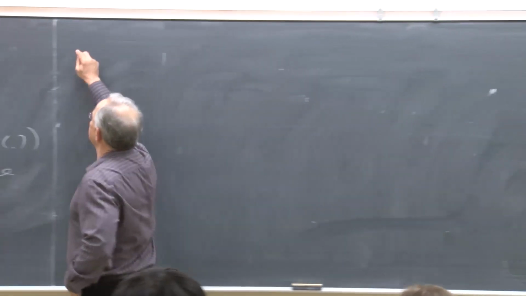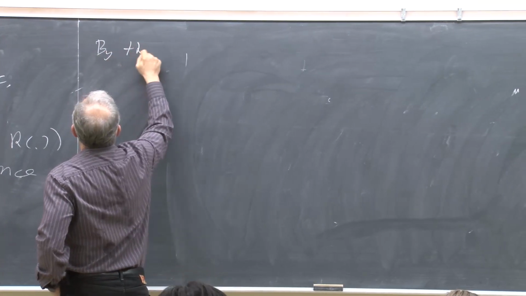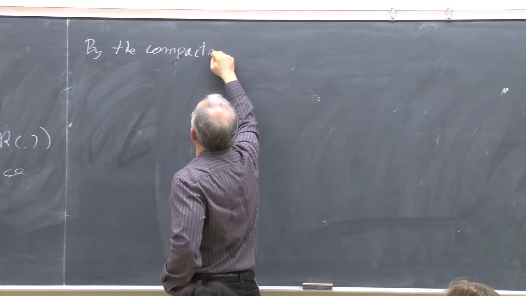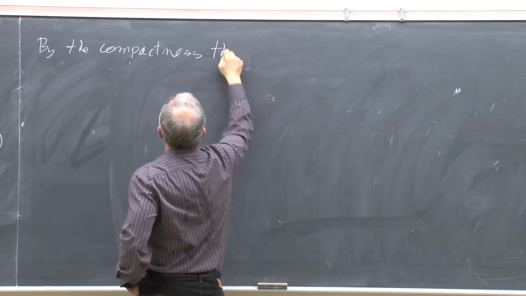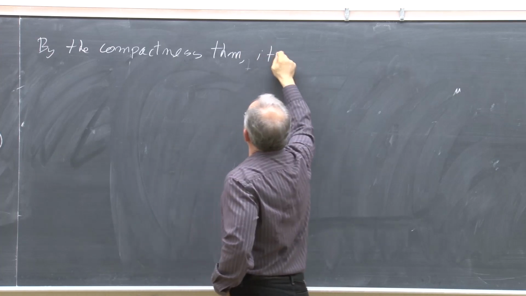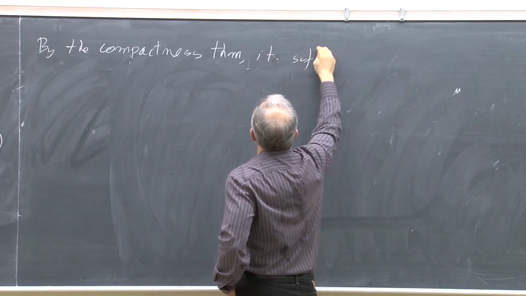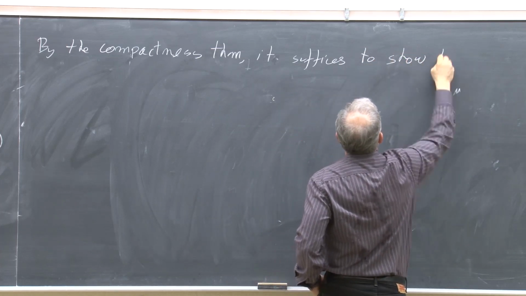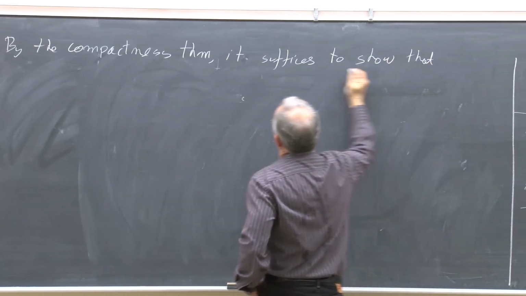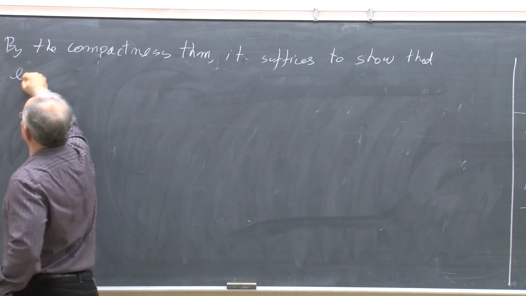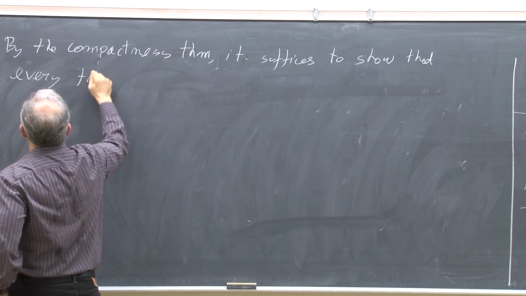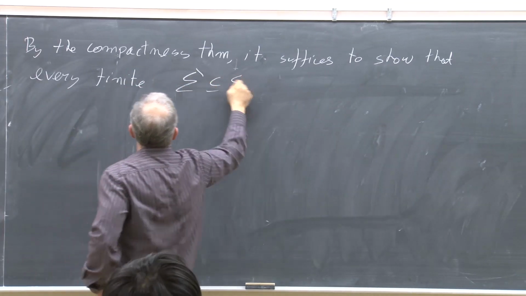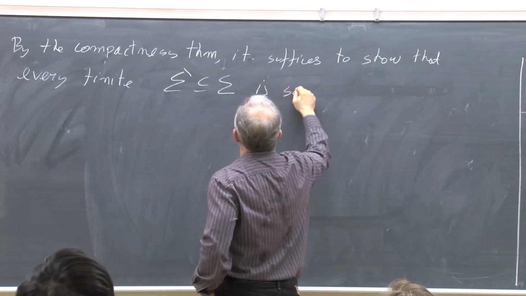So by the compactness theorem, it suffices to show that every finite, call it, say, sigma prime subset of sigma is satisfiable.